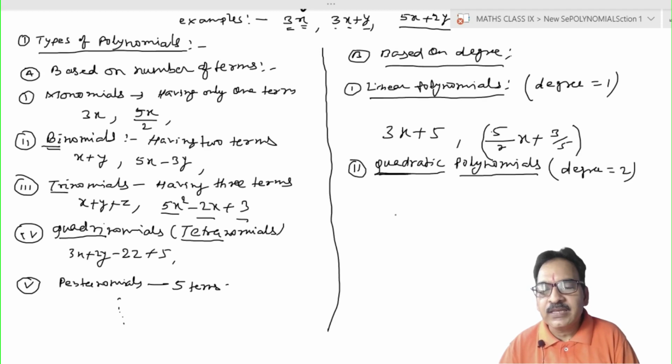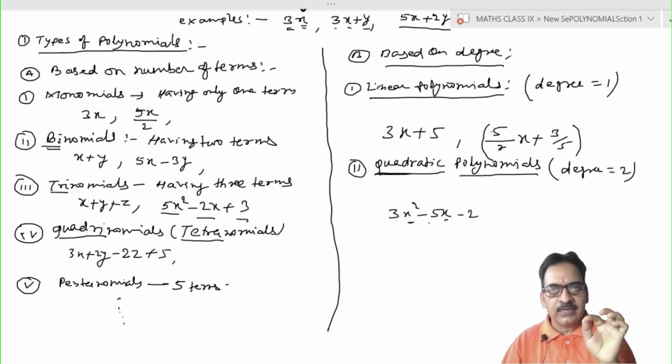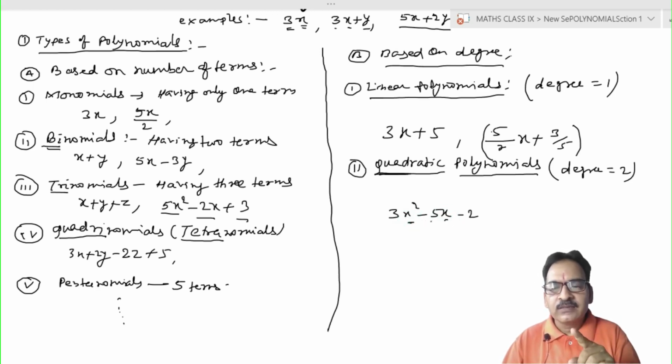For example, if I take 3x squared plus 5x minus 2, this is a polynomial in which the variable is x. In two places the variable x is given: in one place the power of x is 2, and in the second term the power of x is 1.